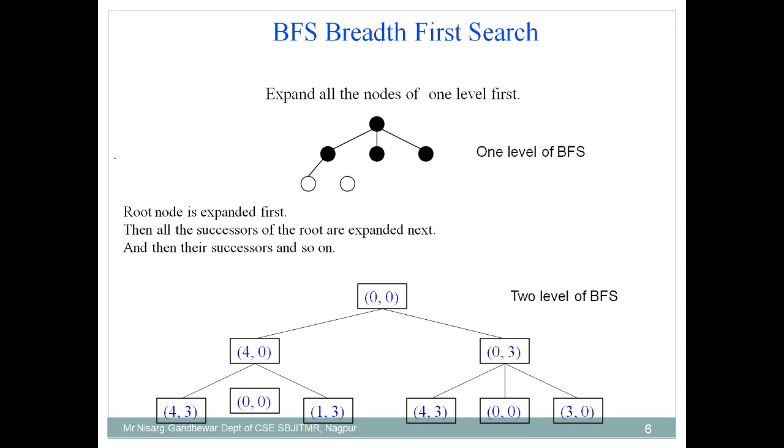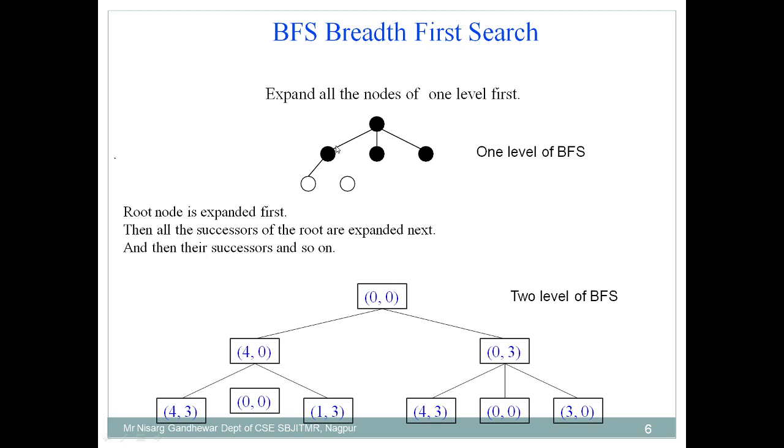Breadth first search will visit all the nodes present at one level, and later on it will visit all the nodes present at the next level. So here the root node is expanded first, then all the successors of that root are expanded. Here this is a root node, so all these three successors are expanded.